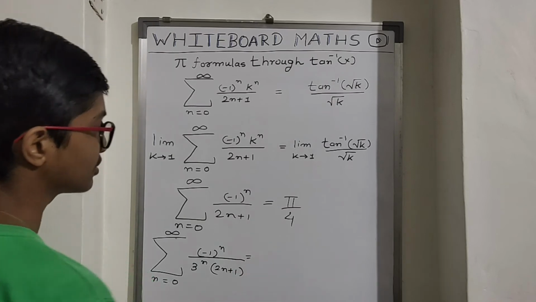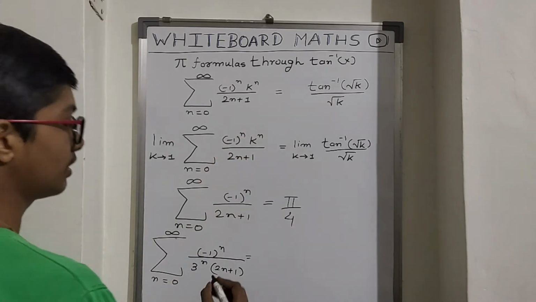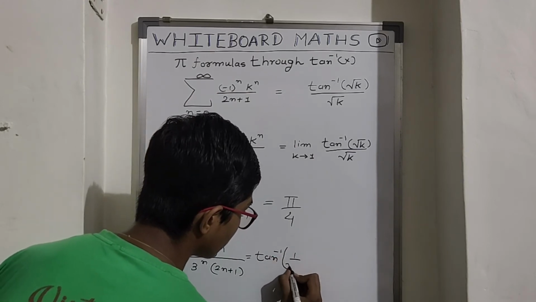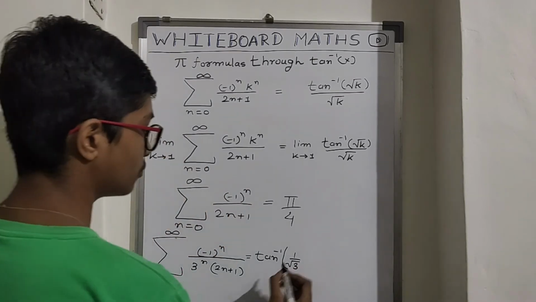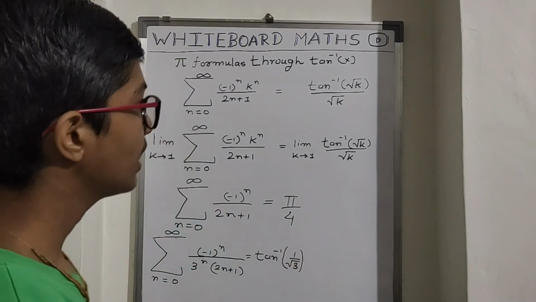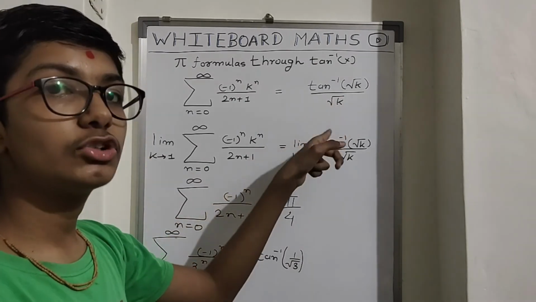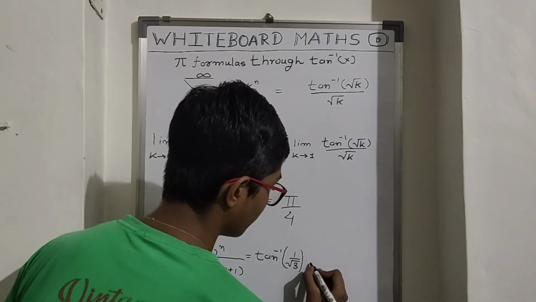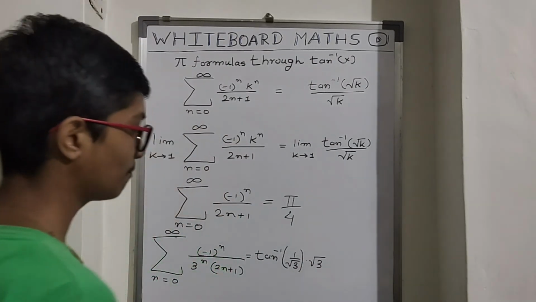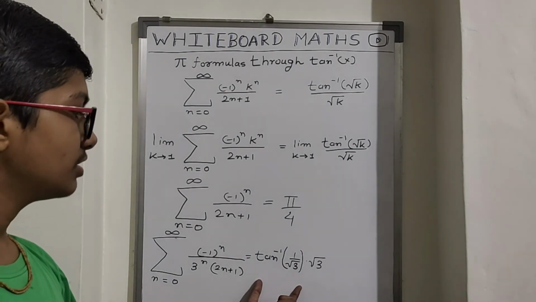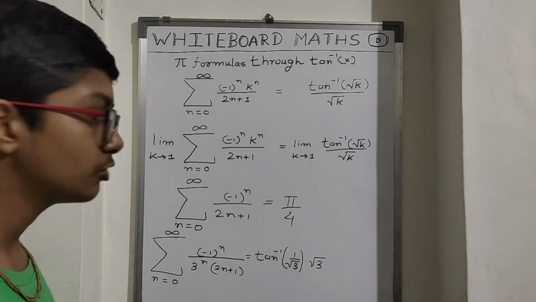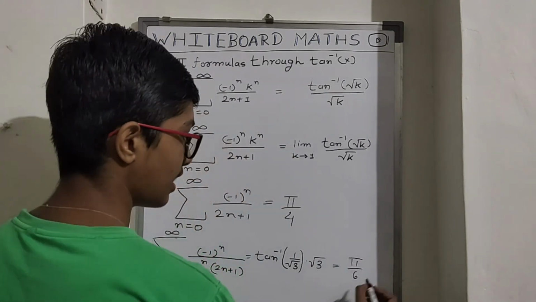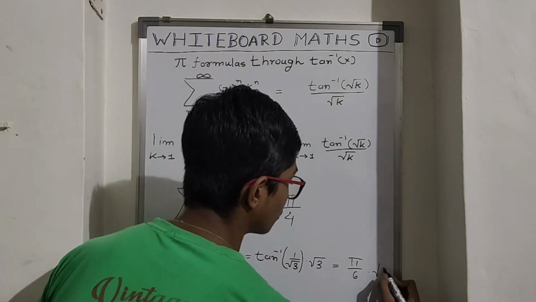And this would equal the inverse tangent of 1 divided by square root of 3, and the 1 divided by square root of 3 in the denominator will come into the numerator and become square root of 3. And as we all know, the inverse tangent of 1 divided by square root of 3 is just pi by 6, and we will multiply it by root 3.